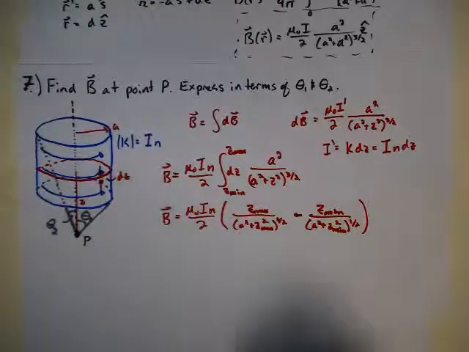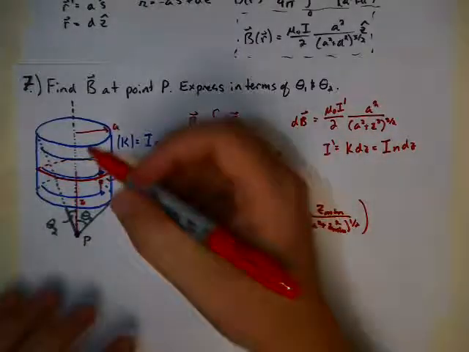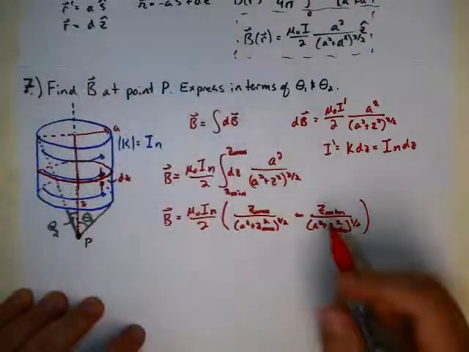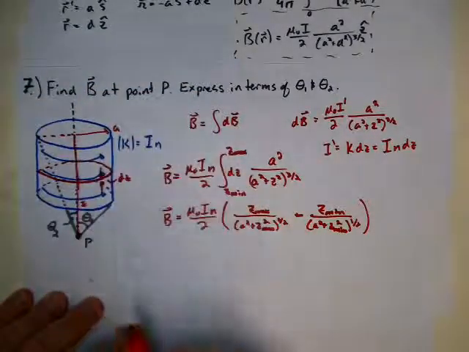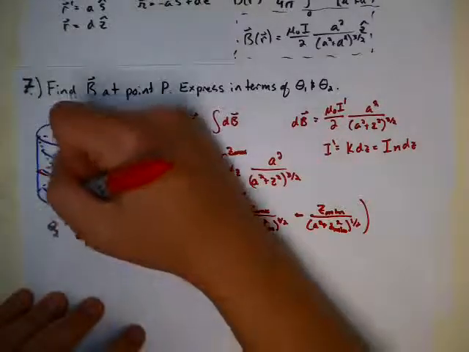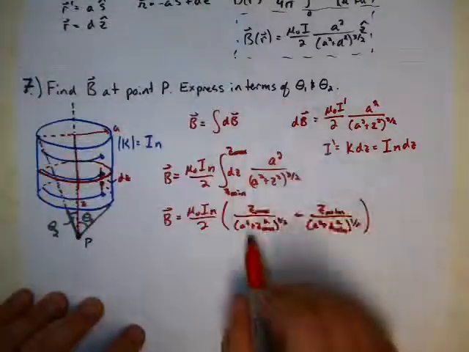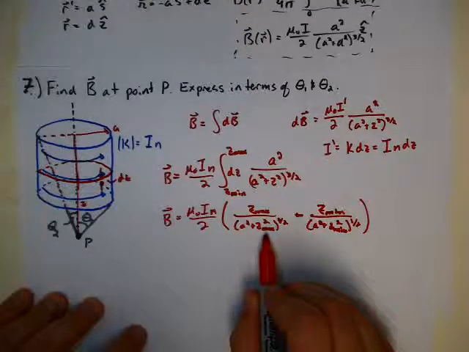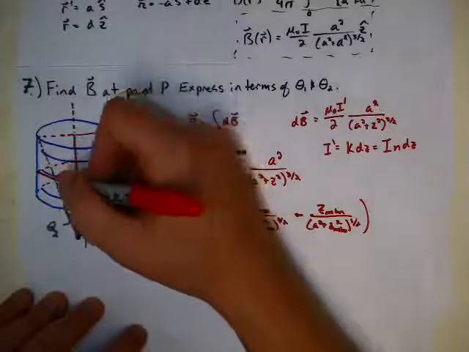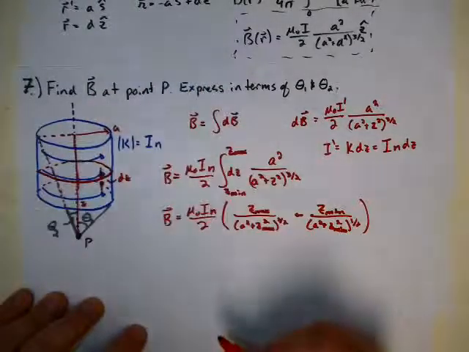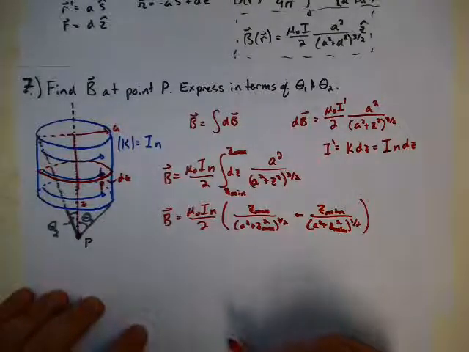Okay, but now I can do a little bit of trig. Now if I look at this problem, this distance here is z max, and this distance here is the square root of a squared plus z max squared. And so z max over that is actually the opposite over the hypotenuse, and so that's the sine.